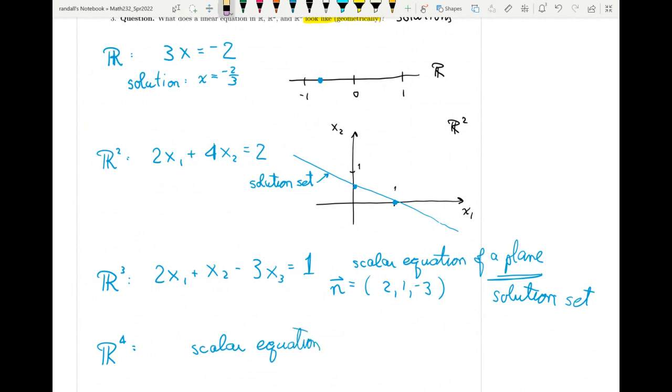Actually, for Rn, so a single equation in Rn is the scalar equation of a hyperplane. Now I can't really draw those, but that's what we talked about in the last lecture.